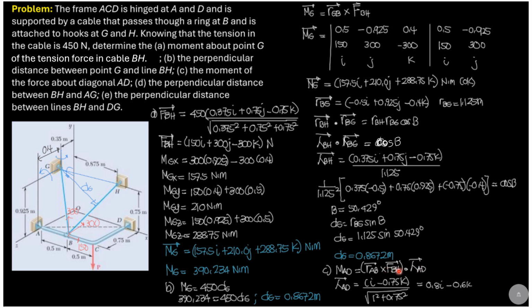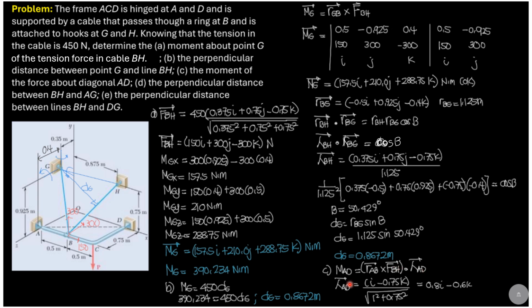it is obtained by this scalar triple product: RA from any point on the axis, then to the force, to the point on the force, which is B. This is the simplest: RAB cross FBH, then dotted with lambda of axis AD. So that's the definition, right?